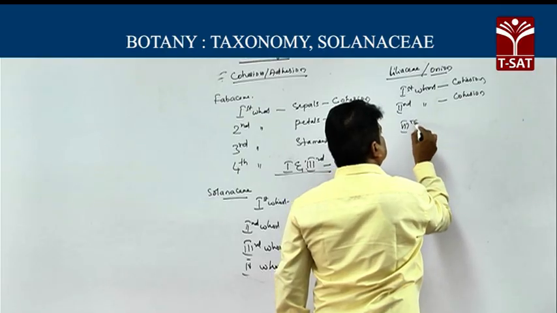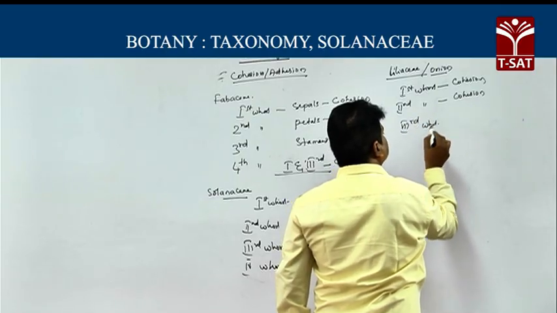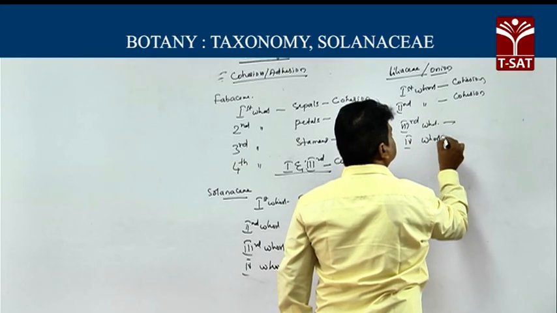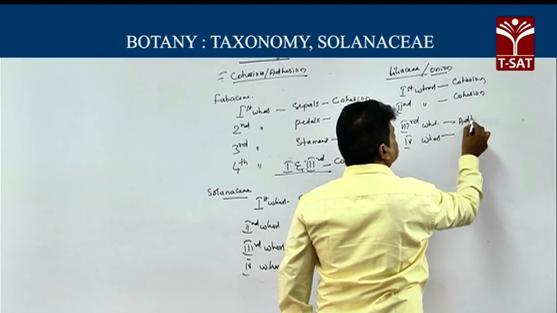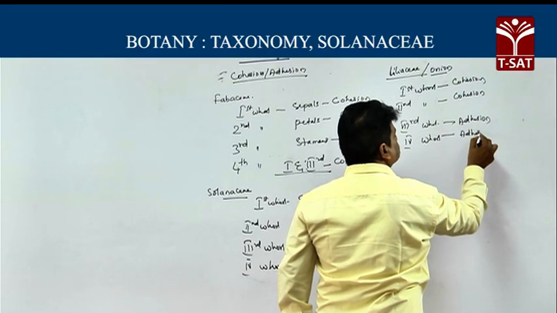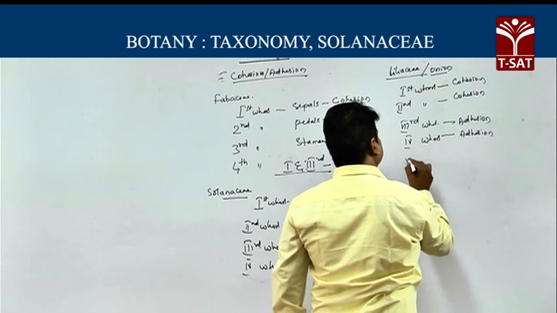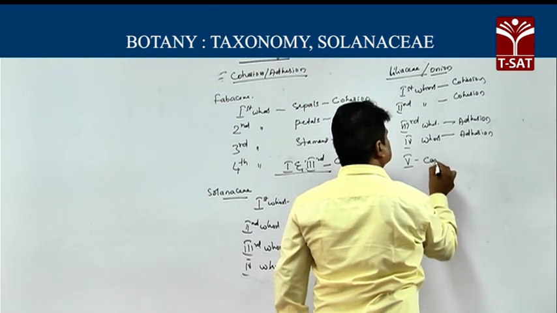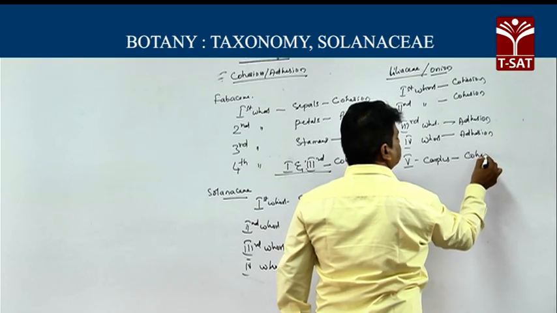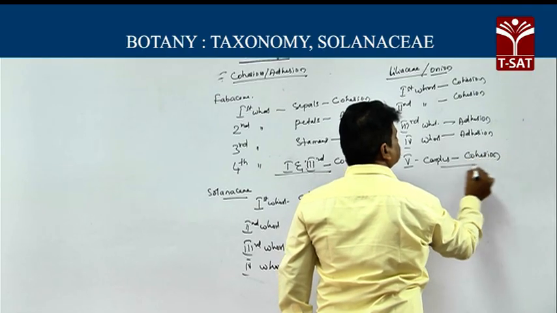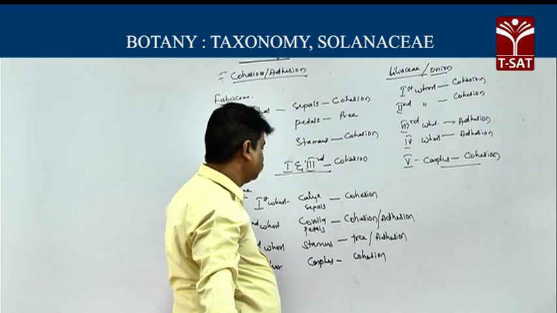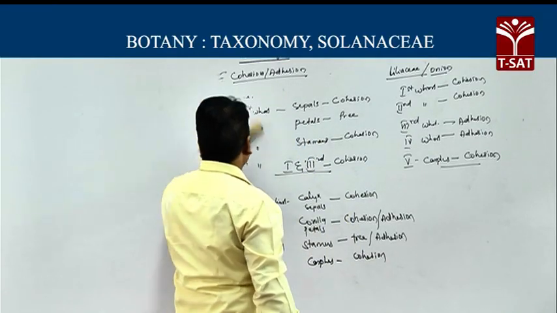Third whorl stamens. Fourth whorl stamens fuse with perianth, so adhesion. Then fifth whorl carpels, tricarpellary syncarpous, so shows cohesion. It is about cohesion and adhesion.